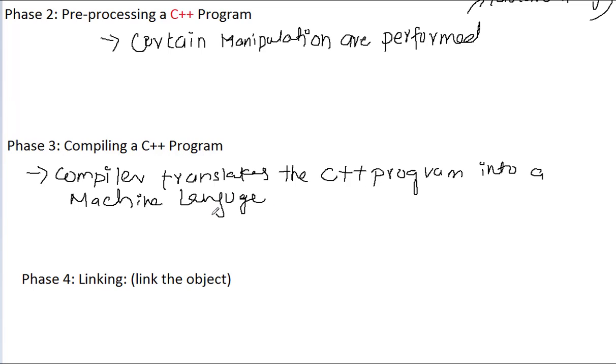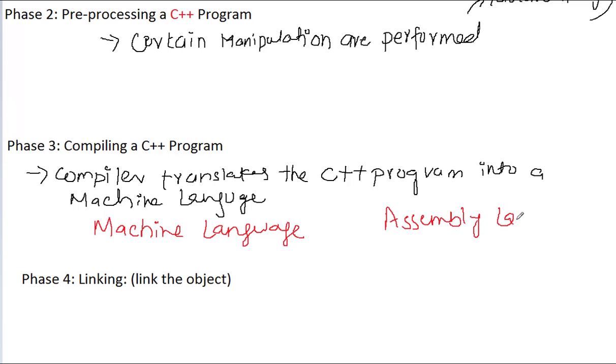Now the question is, what is machine language, and what is assembly language? This is very important. Machine language is an encoded language, a series of numbers, like 0 1 1 0 1, right?